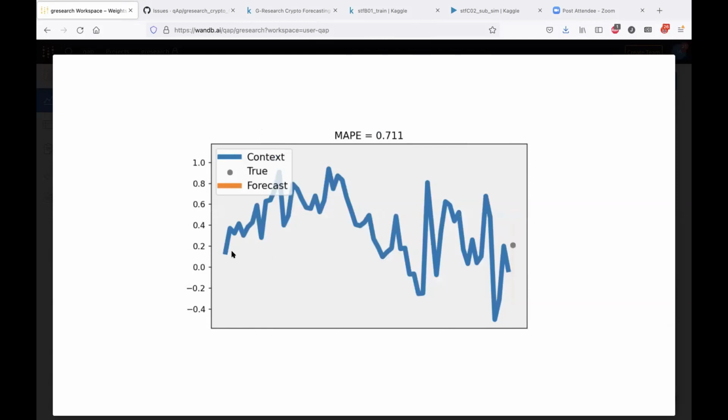So I've tried a context length of 128 minutes, 64 minutes, 200 minutes, and I have not found any trend in using the different context lengths. But that might be because I haven't managed to train for many iterations.